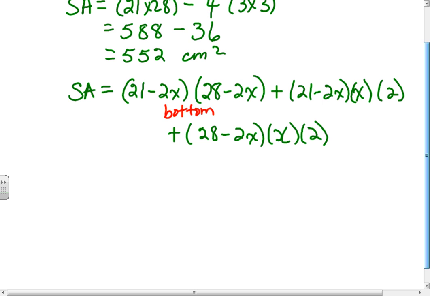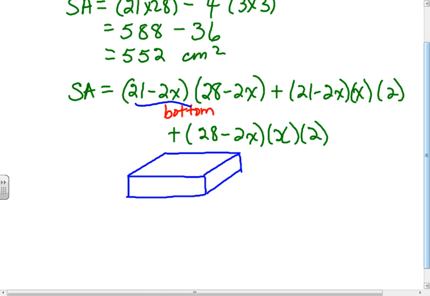It's hard to draw in 3D, but we have a box with the sides folded up. And so we have the bottom, which is hiding underneath there. We have the two ends that are a little on the smaller side, so there's one there.